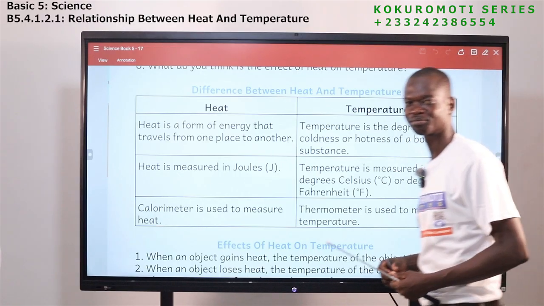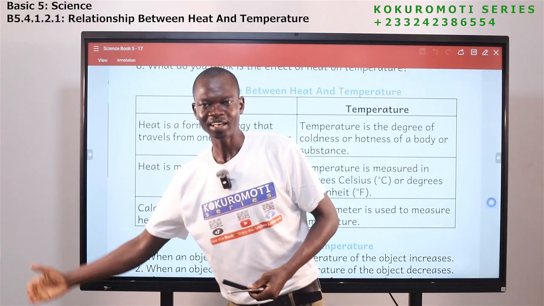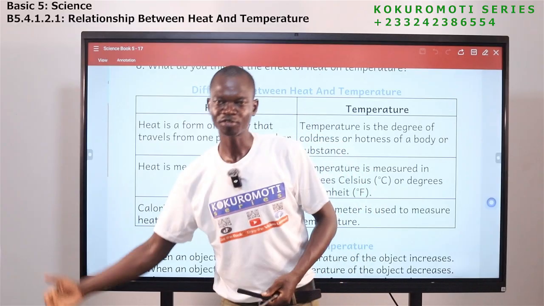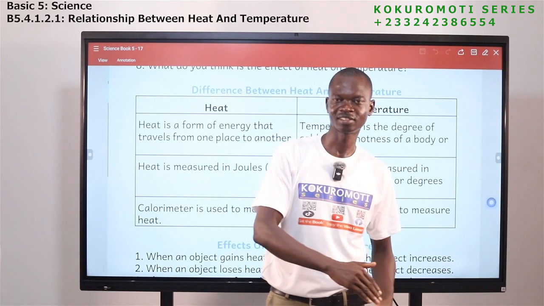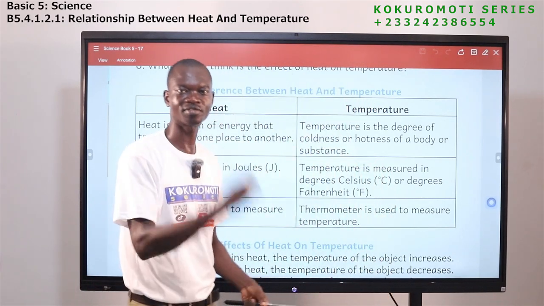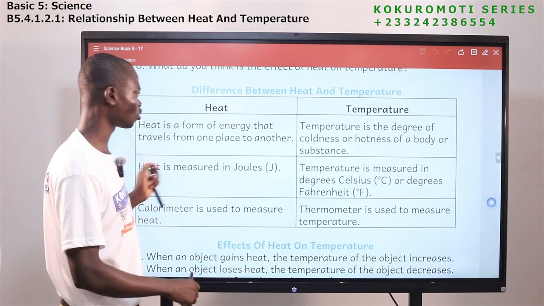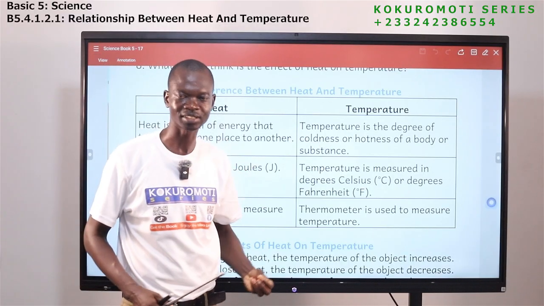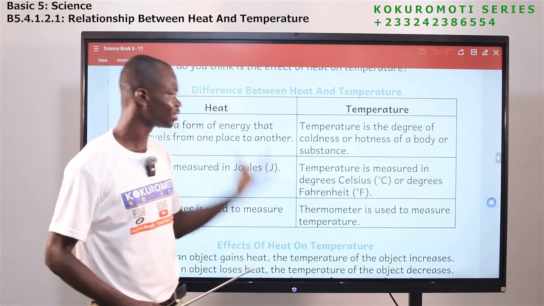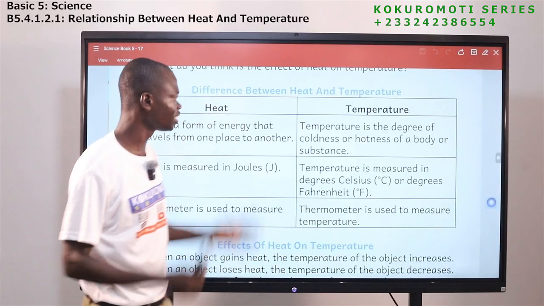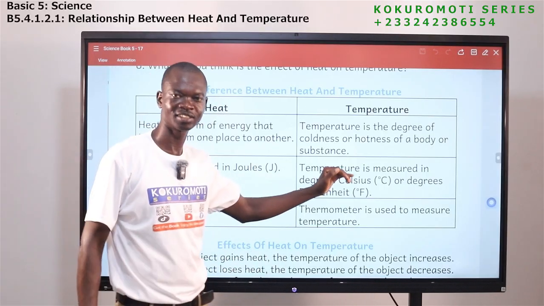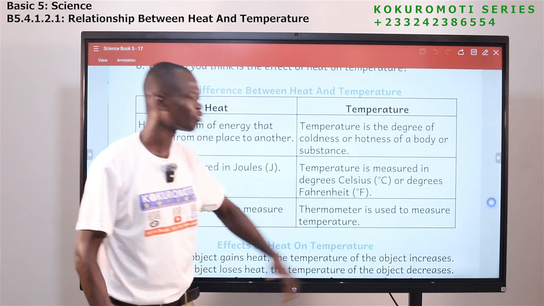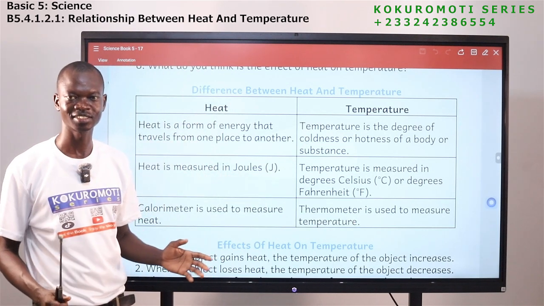So listen. Energy traveling from one point to another as a result of differences in temperature, that is called what? Heat. But temperature is the measurement of the degree of coldness or hotness of a body or a substance.